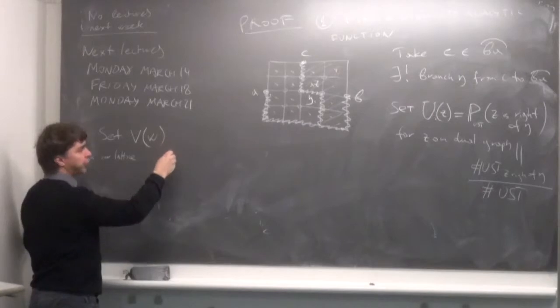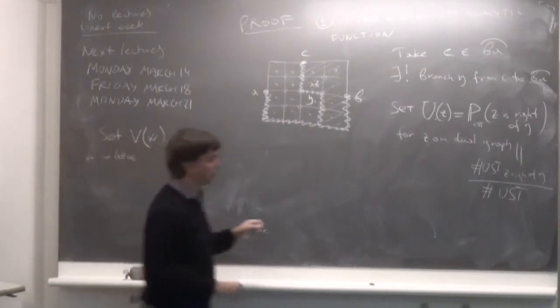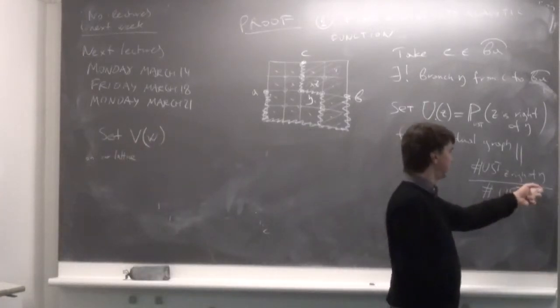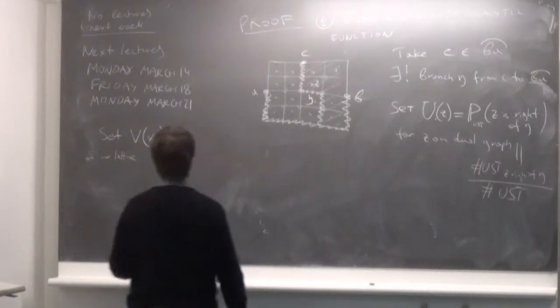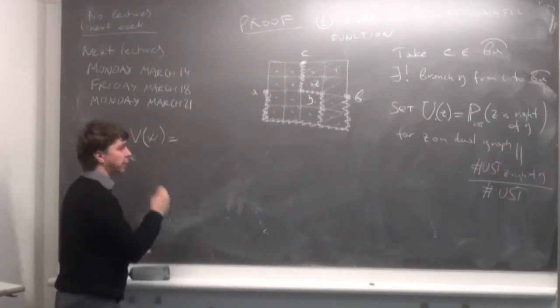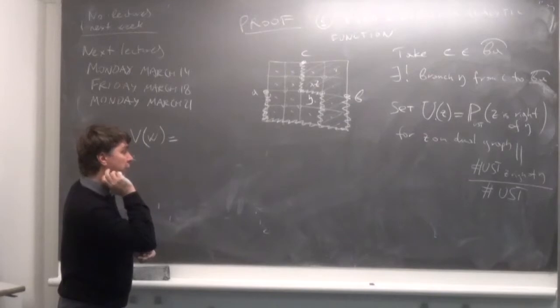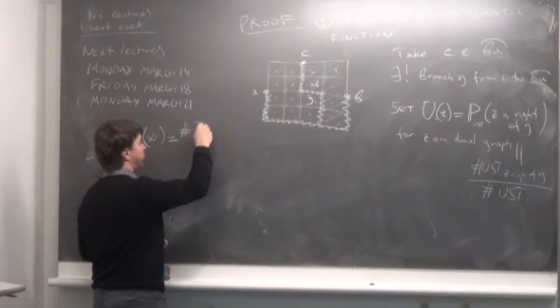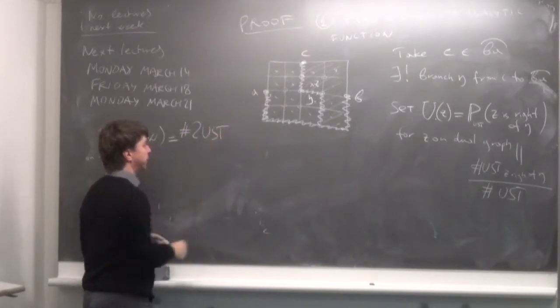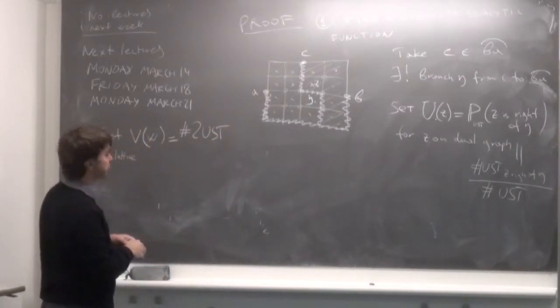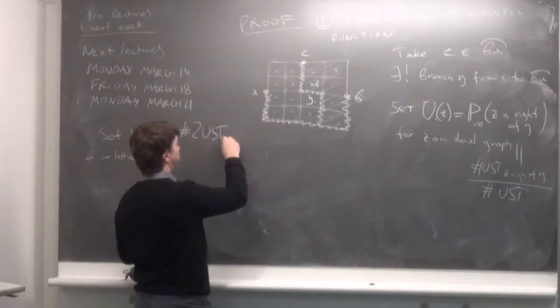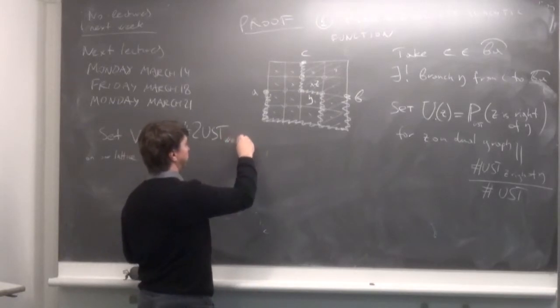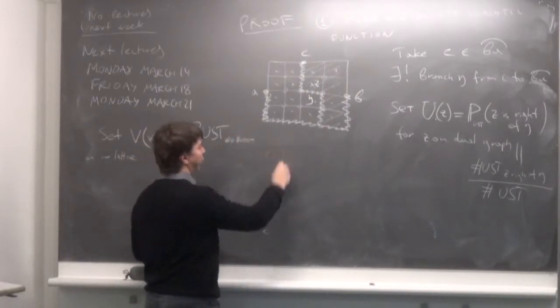And V of w I will define similarly. It's the number of WSTs. I will say in a second what that means, so that w belongs to the bottom. Now, what do I mean?